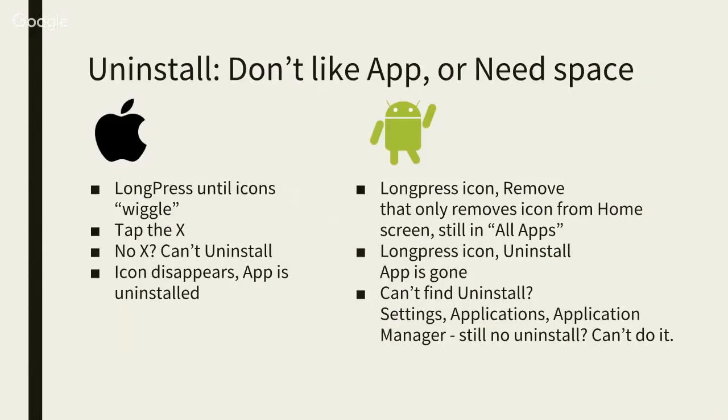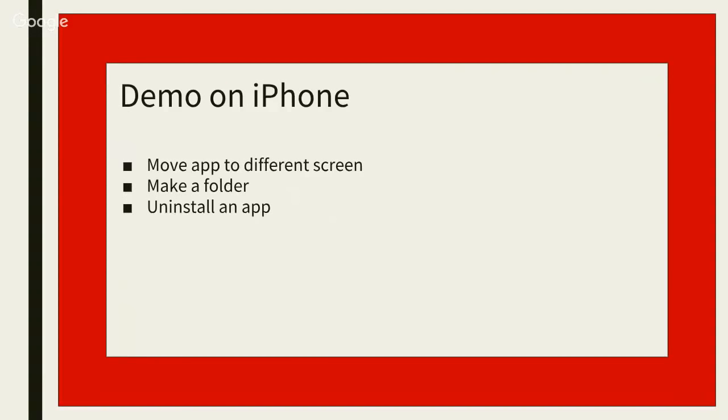Well, that might mean that you can't uninstall it. You can't uninstall it, yeah. And on the Android, it's also a long press, but you have the choice of removing just the icon from your home screen or uninstalling. So, iPhone demo.